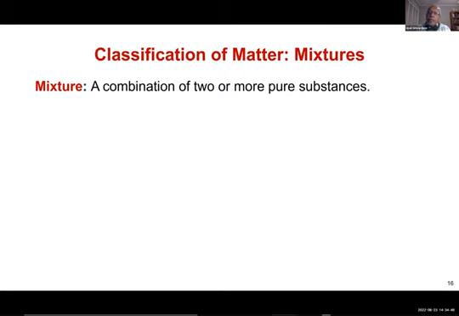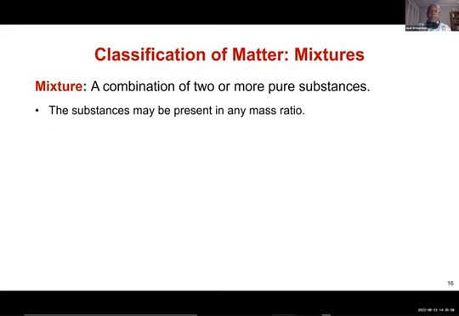So you can have a mixture of two or more elements, or elements and a compound. The substances may be present in any mass ratio. In a mixture, there is no constant composition or constant ratio.